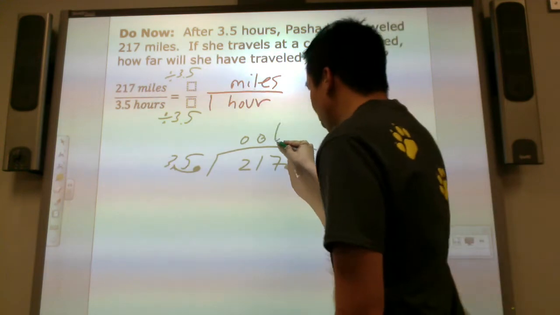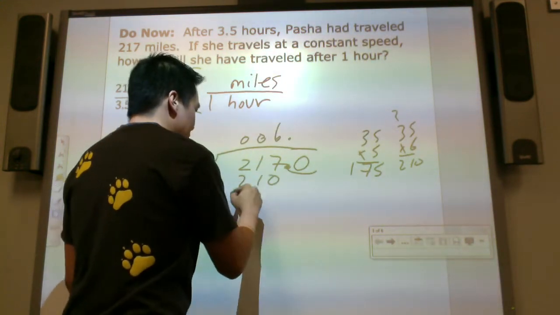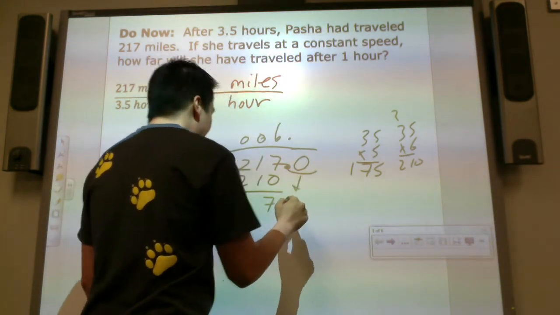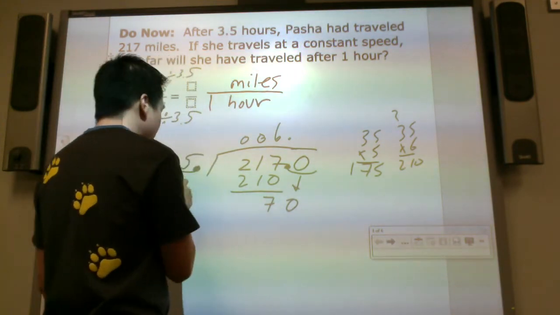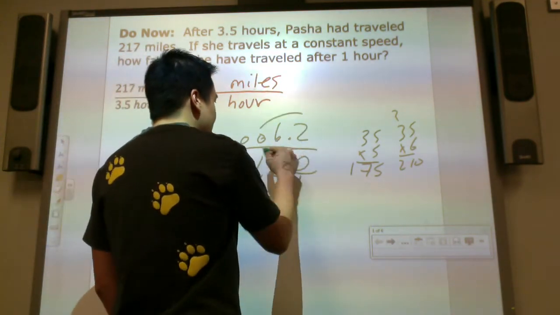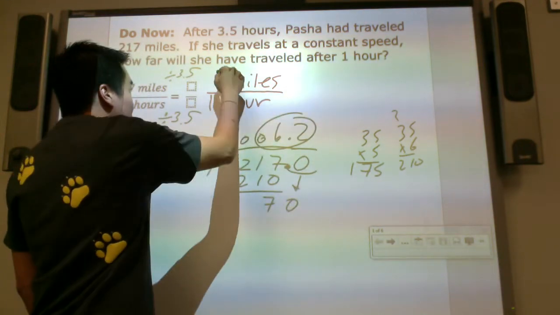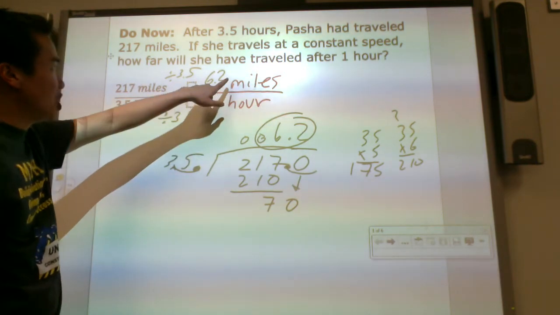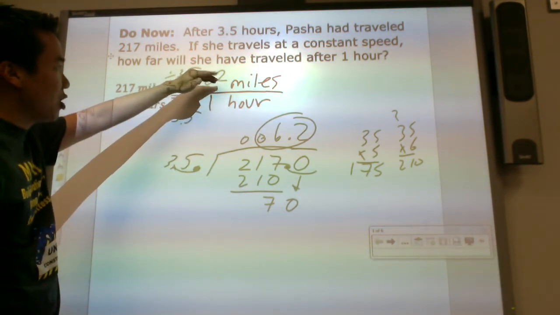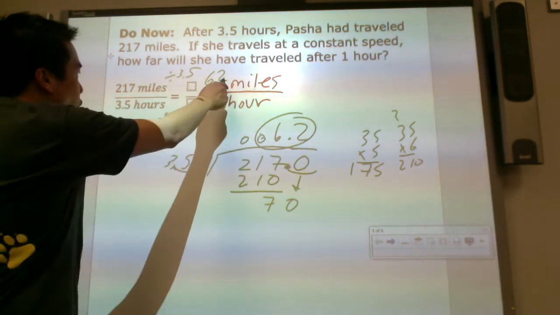Yes, 6 groups. So 7, bring down the 0. How many groups of 35 go into 70? 2 groups. So 6.2. So she can travel 6.2 miles per hour, or for 1 hour.